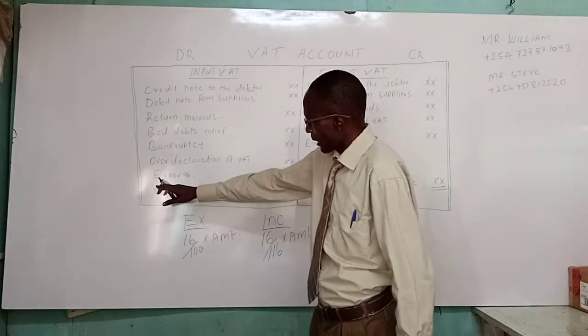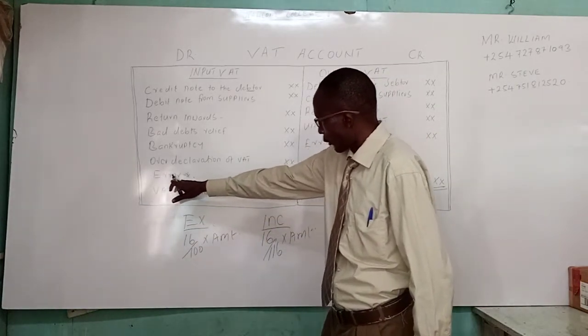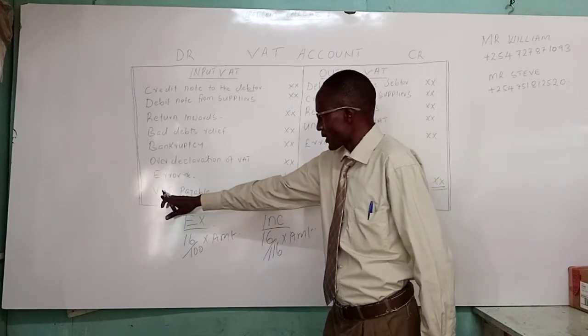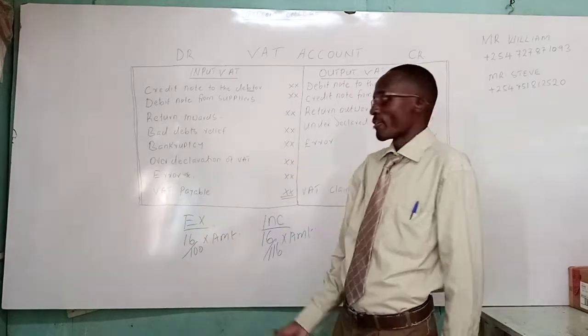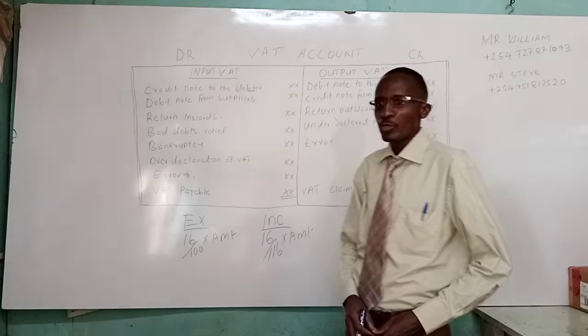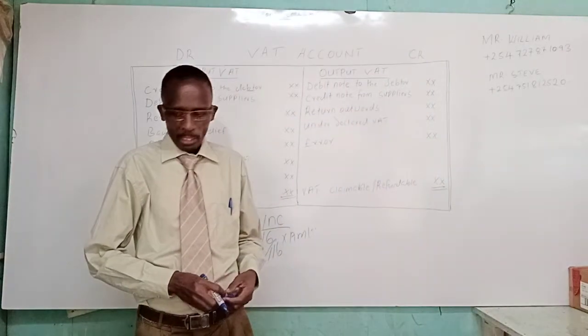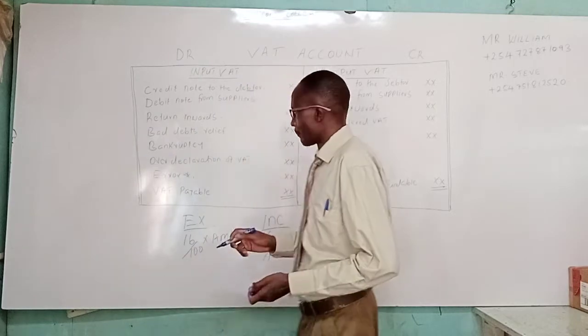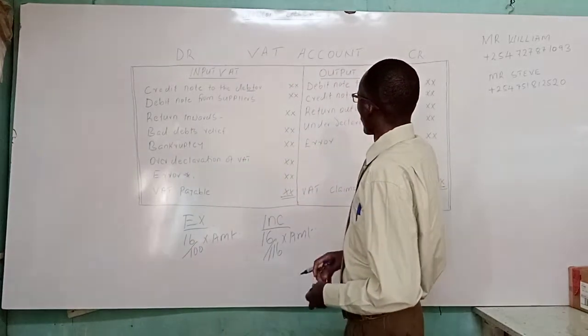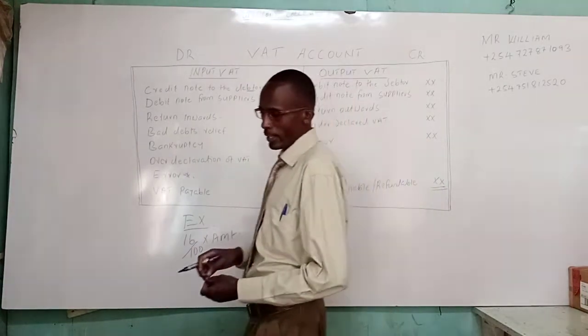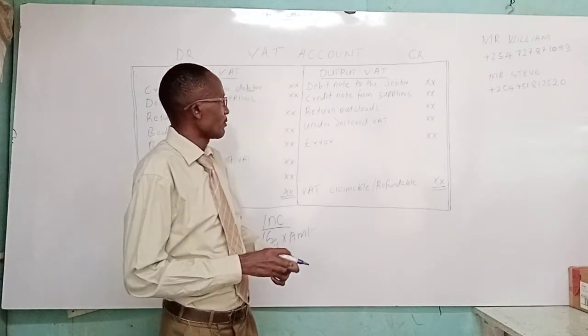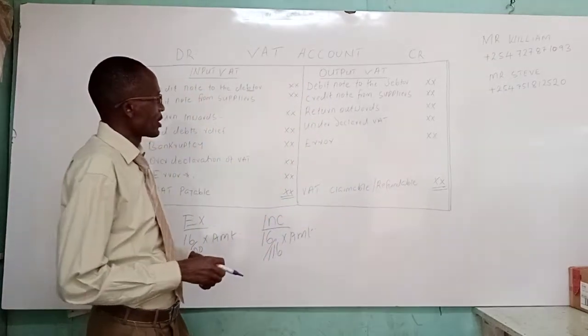Now, let's stop at this point because the VAT payable becomes the balancing figure. Normally, the VAT account will not have a balance brought down or balance carried down. Now, if we move on to the credit side, we have the output VAT.